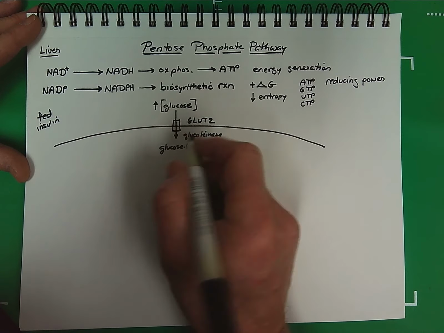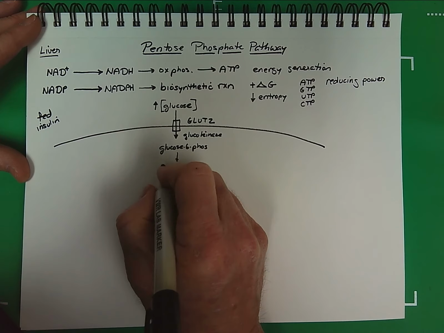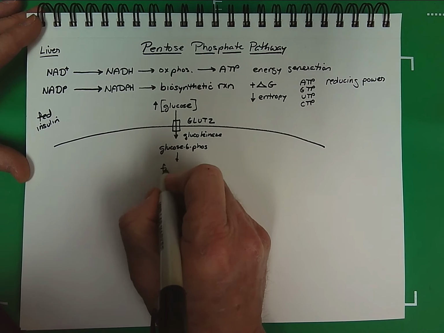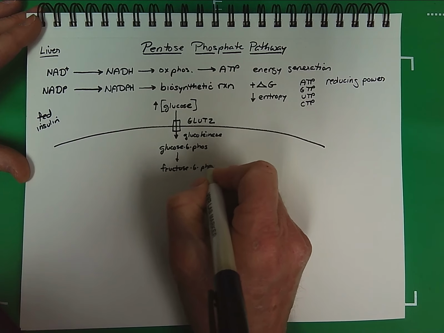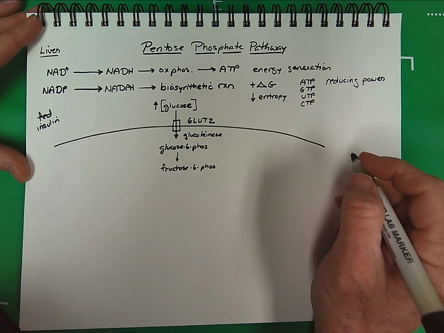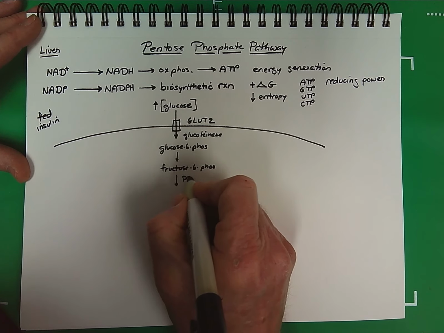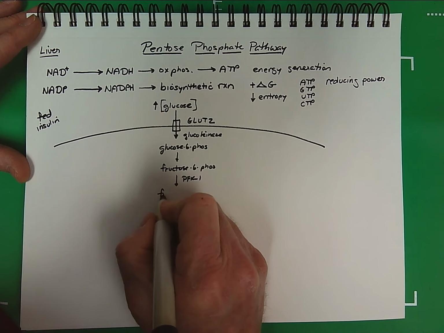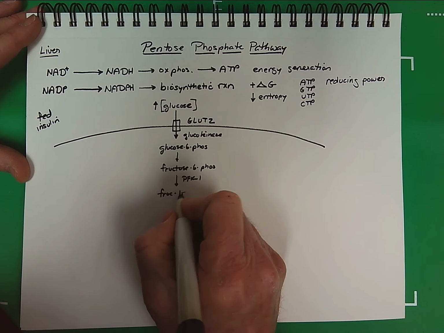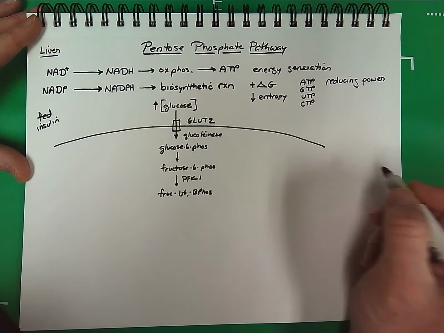Now, from this step here, we can use our isomerase reaction, our phosphoglucoisomerase, to generate fructose 6-phosphate as we begin to proceed down the glycolytic pathway. And then the next reaction, of course, is PFK1, phosphofructokinase 1, and this is generating the fructose 1,6-bisphosphate molecule.